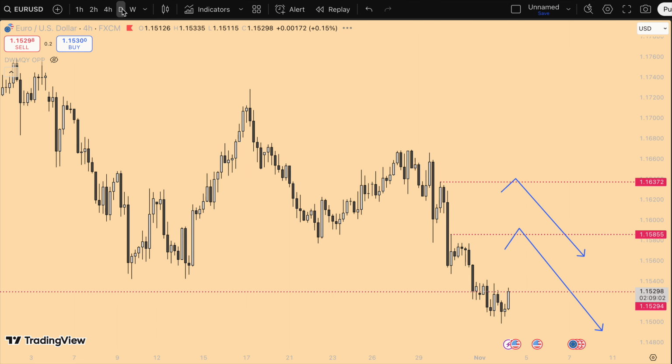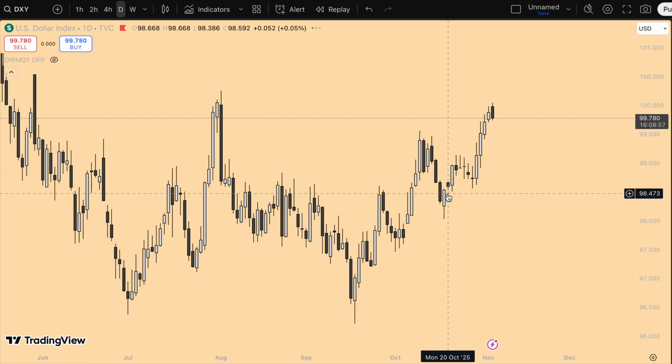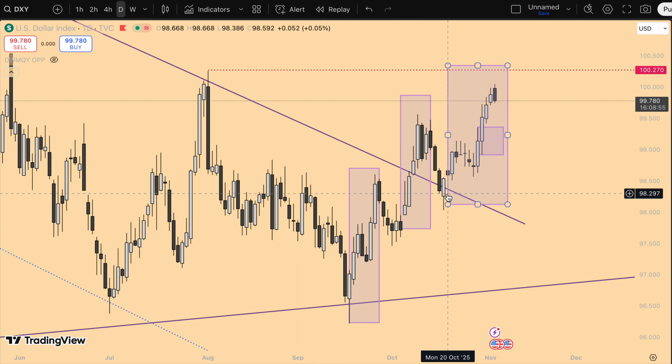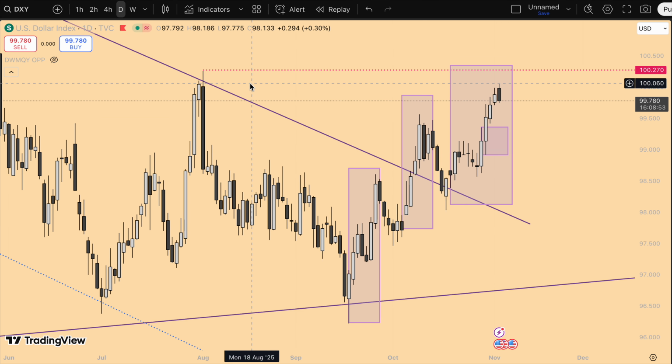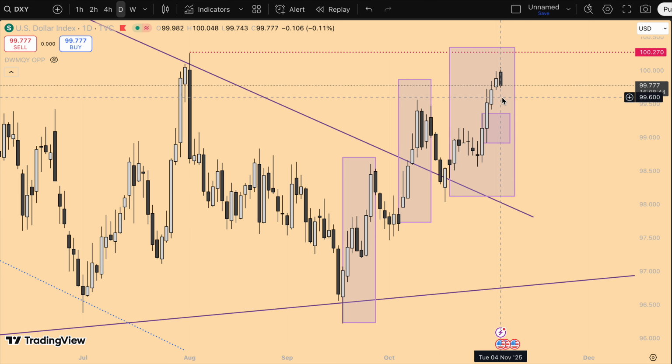Okay, so moving on. And the reason being, look at the dollar. I still have this liquidity high. So now I'm just saying some bearish momentum perhaps on the dollar, which is nice to see.